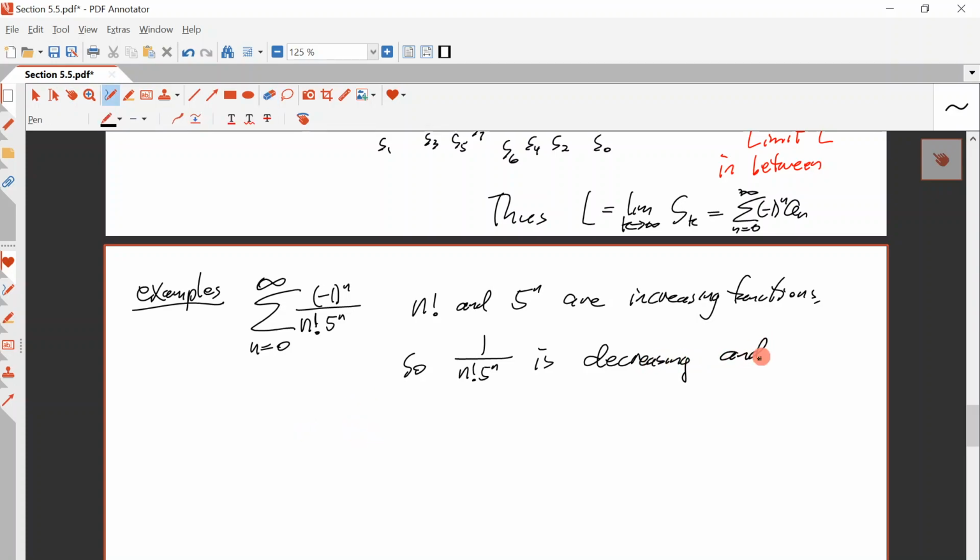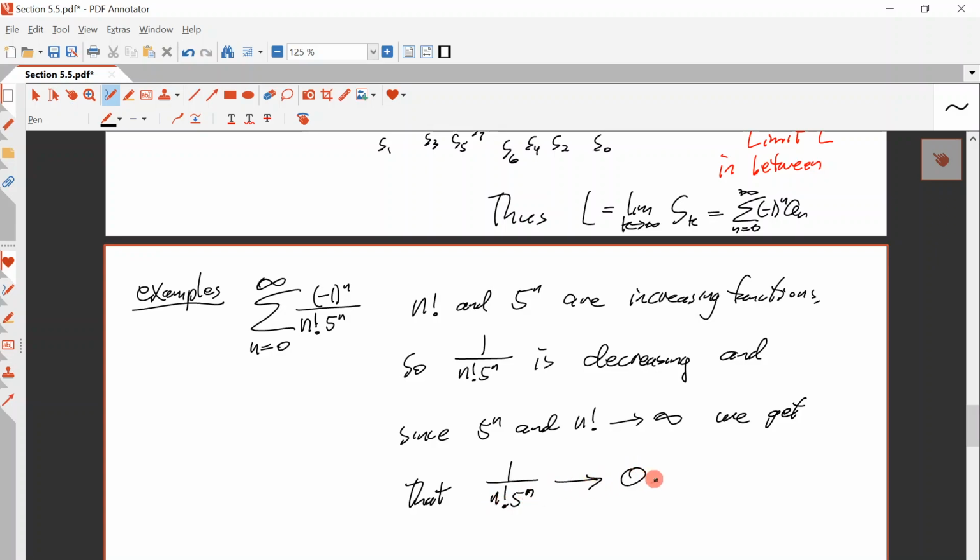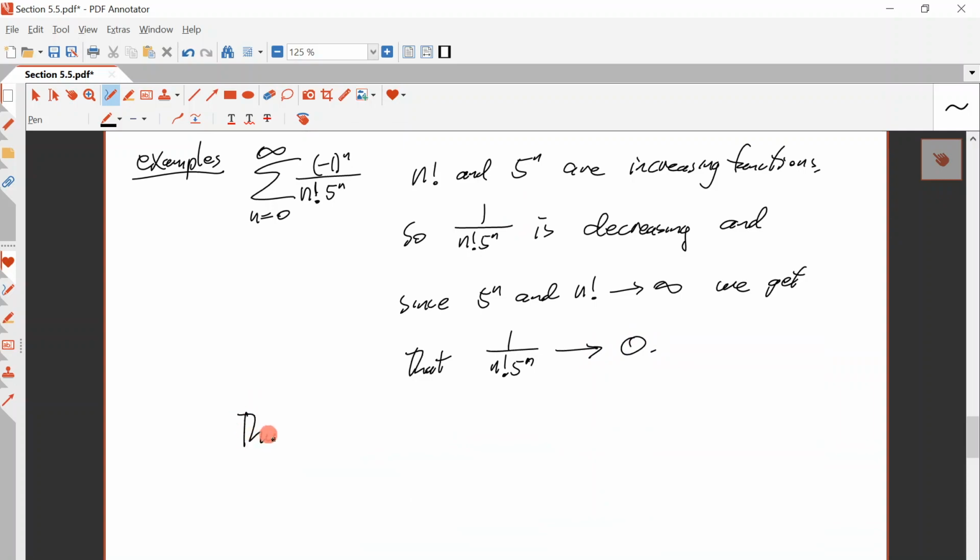And certainly 5 to the n and n factorial are both going to infinity. We get that 1 over n factorial 5 to the n converges to 0. Thus, the sum converges.